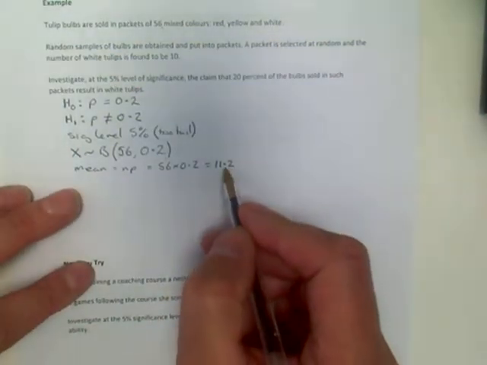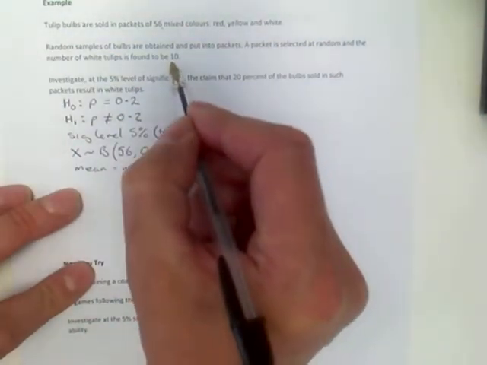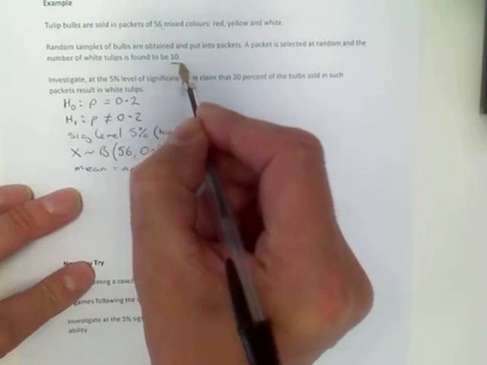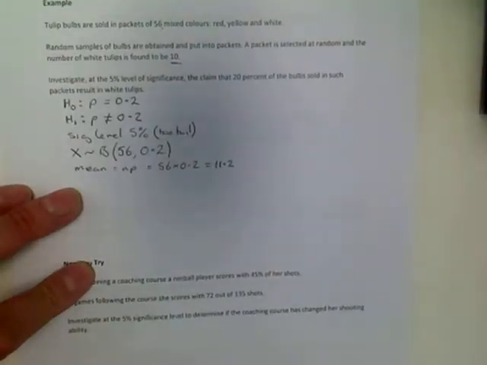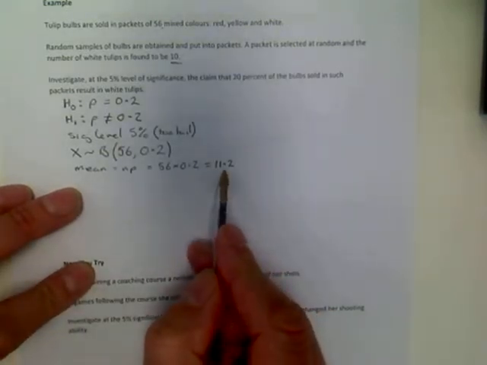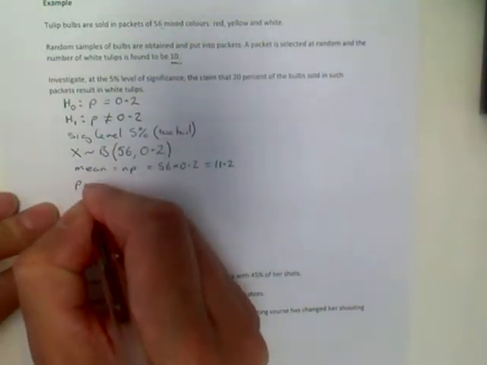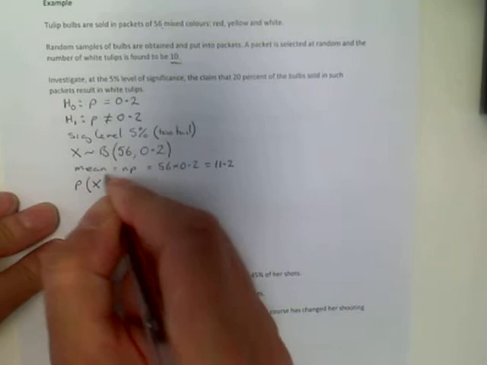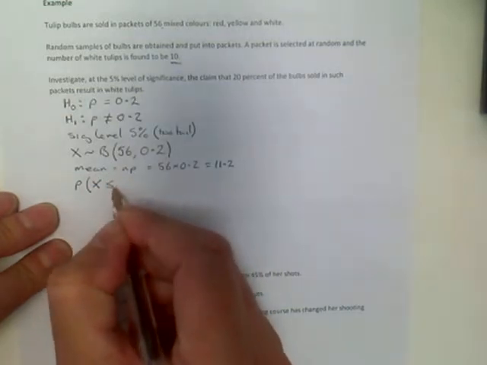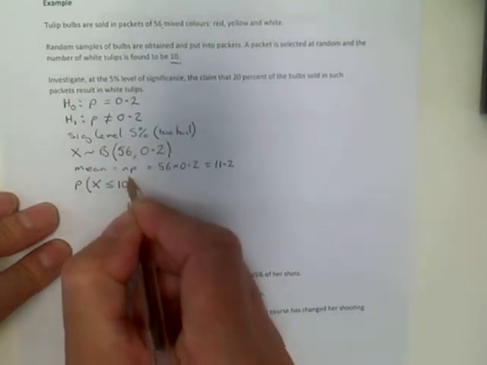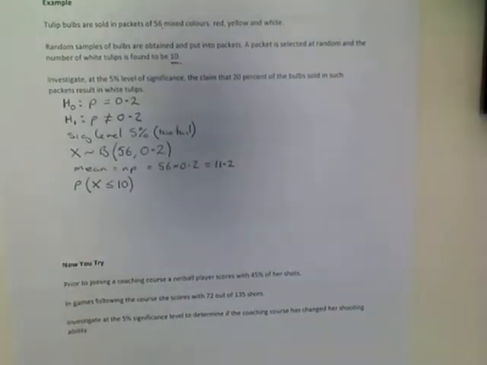Now, can we see that our test has come out at 10? Okay, so we've randomly checked these 56, and 10 of them have turned out to be white, which is on the low side of what we expect. So what I need to do is check the probability of getting 10 or less.